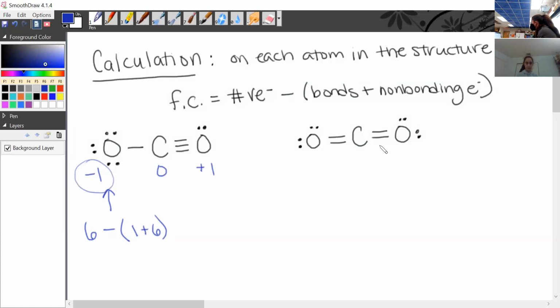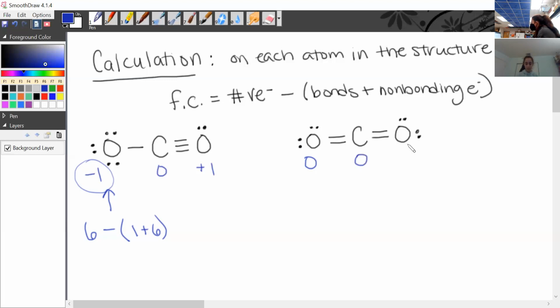Okay, let's calculate formal charges on this other option that we have. Oxygen has 6 valence electrons minus all of the stuff on the oxygen. So 6 minus 1, 2, 3, 4, 5, 6. Nothing. Okay, carbon, 4 valence electrons minus 1, 2, 3, 4. 4 minus 4 is 0.